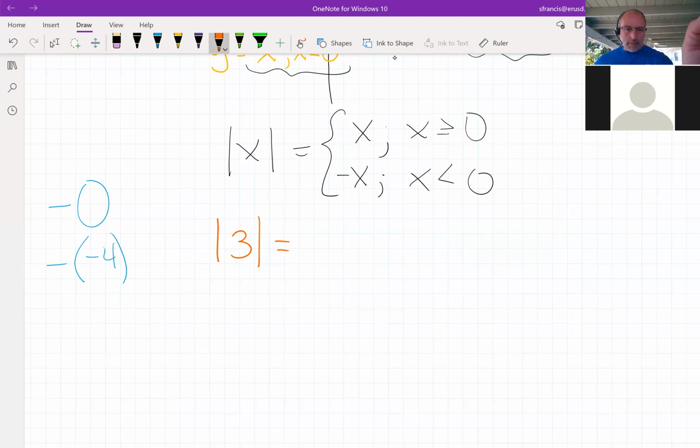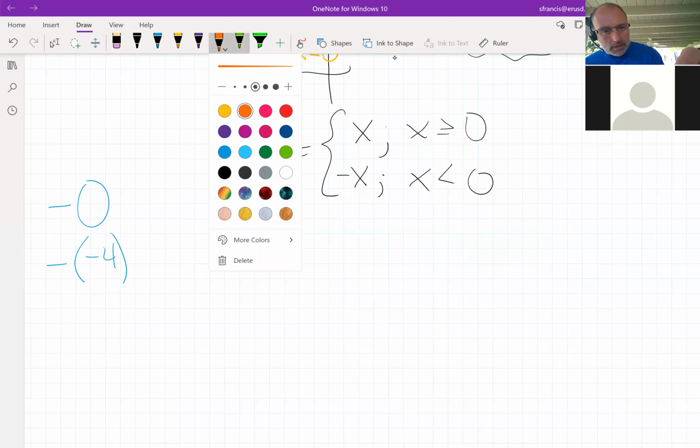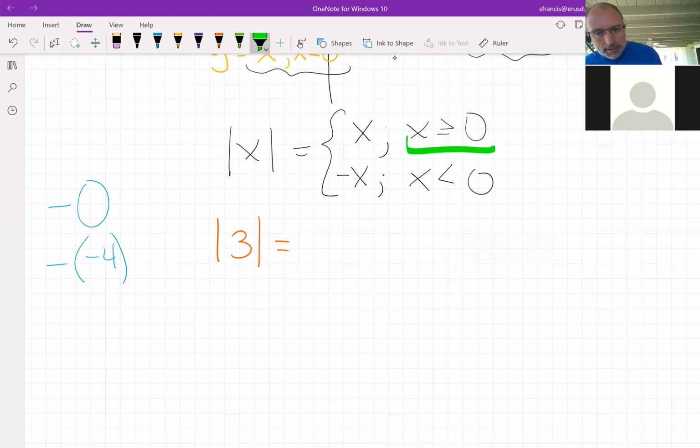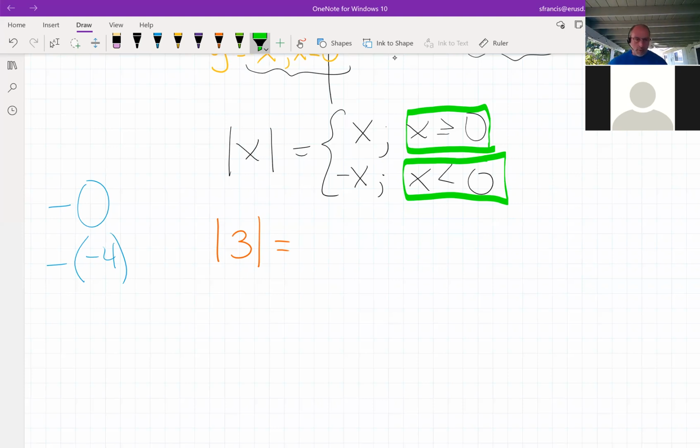So what is this definition telling me? Well, I have to first think in terms of two different pieces here. I got the piece where x is greater than or equal to 0, and I got the piece where x is less than 0. So the first thing I need to do is identify whether the input is in the first interval, whether the input is greater than or equal to 0, or it's in the second interval, whether I got to determine if x is less than 0.